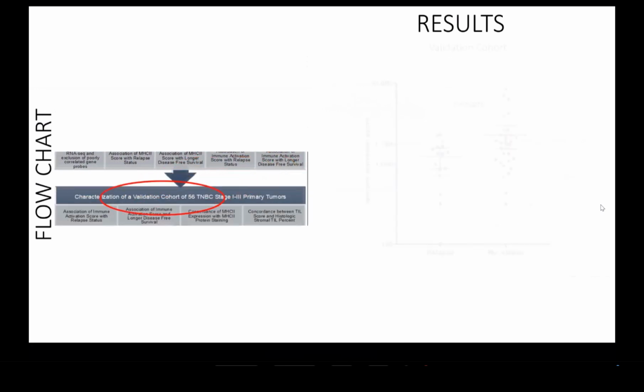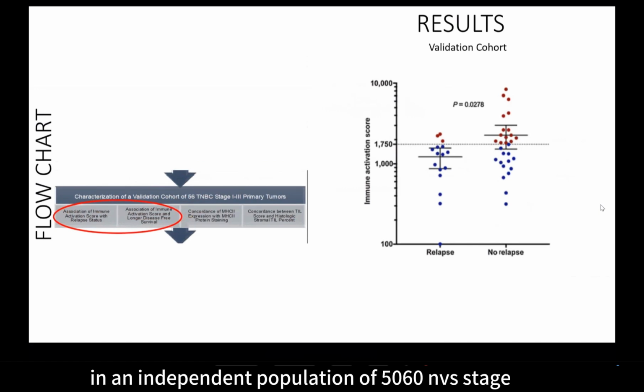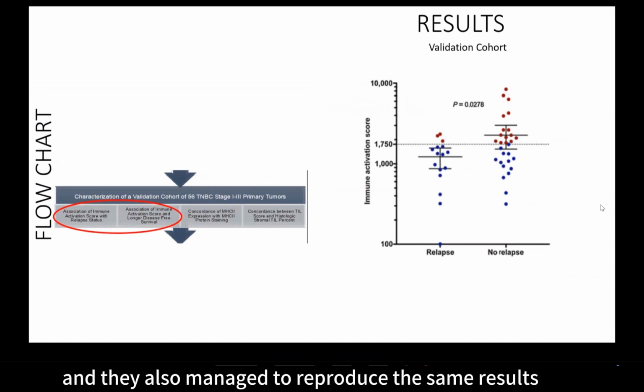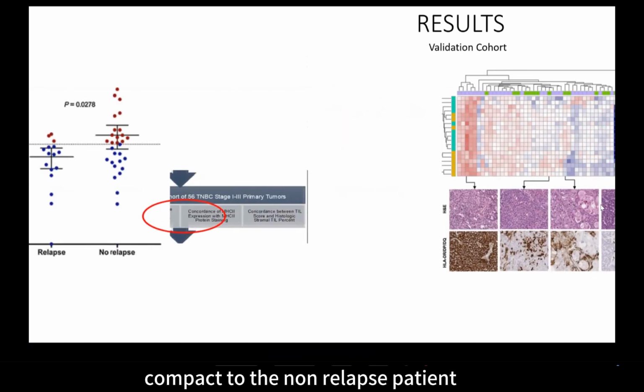The validation of these studies was done in an independent population of 56 TNBC stage 1 to 3 primary tumors. They also managed to reproduce the same results, where the activation score was lower for relapse patients compared to non-relapse patients.